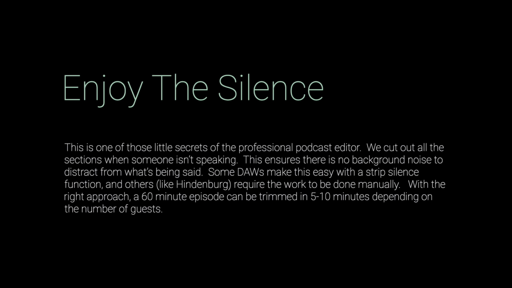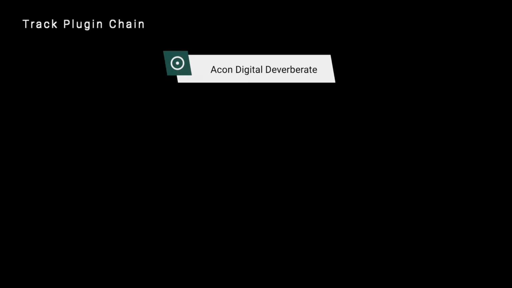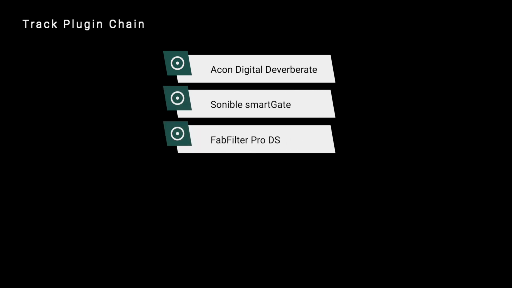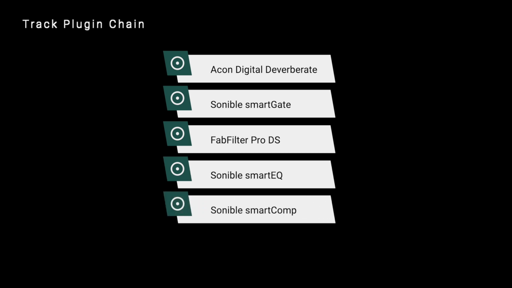Now that I've cut away all of the silent parts, I'll start setting up my rough mix. Each show has a template within Hindenburg, and I have a preset channel strip essentially set up for each track, and that includes Acon Digital Deverberate 3, Sonable Smart Gate, FabFilter Pro DS, Sonable Smart EQ, Sonable Smart Comp, and the Julian Loudness Meter.